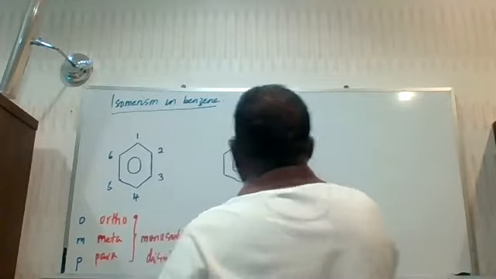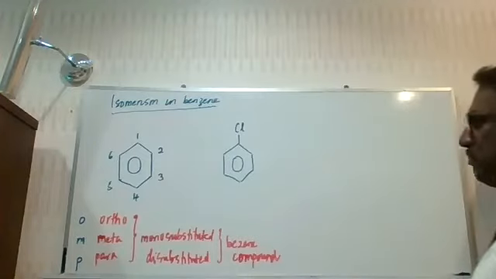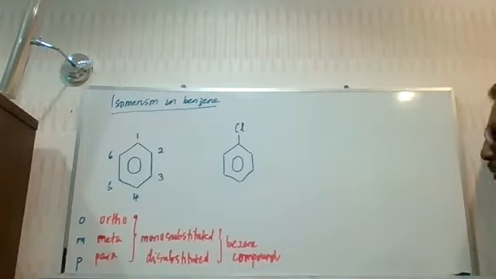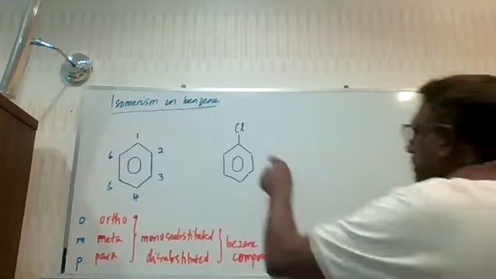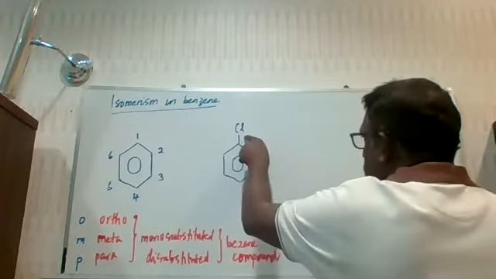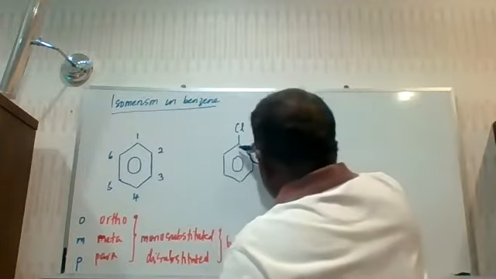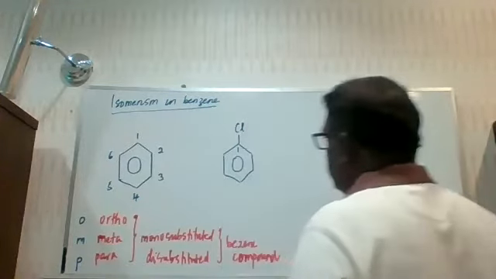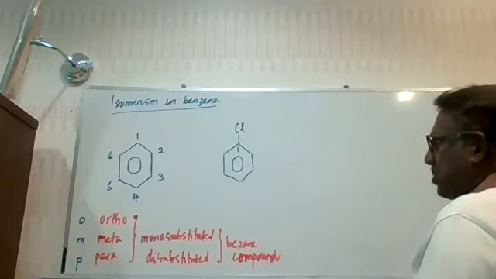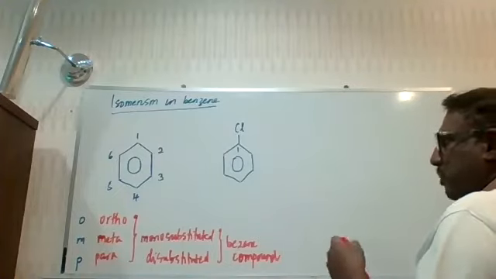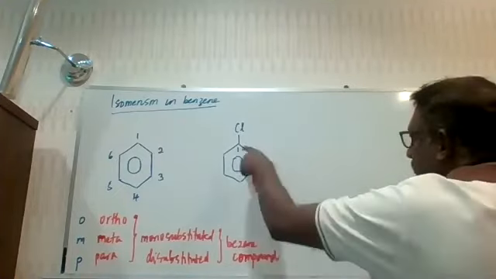This is what we call a monosubstituted benzene, and this chlorine is called a substituent. This position is given as position 1, because the numbering must start with the smallest number. So this is definitely number 1.